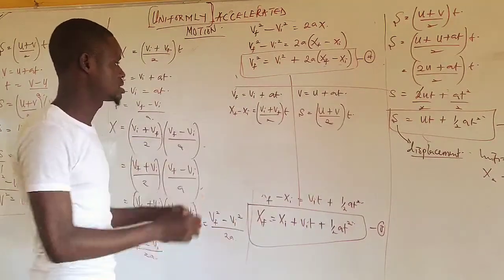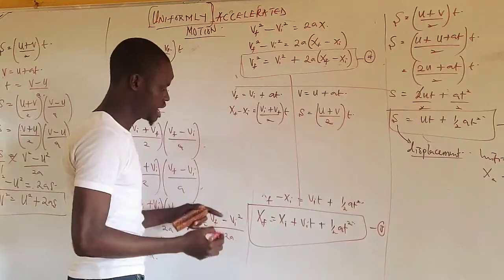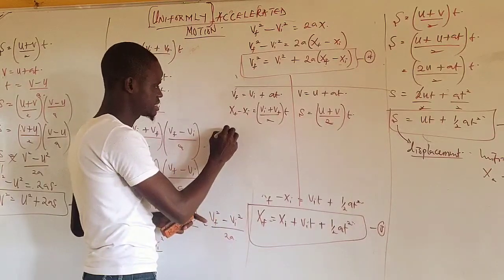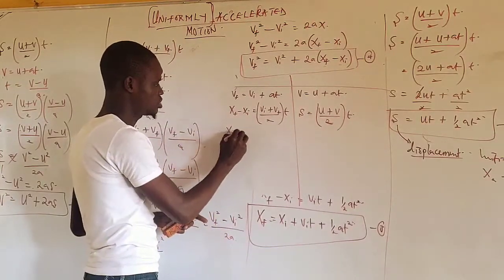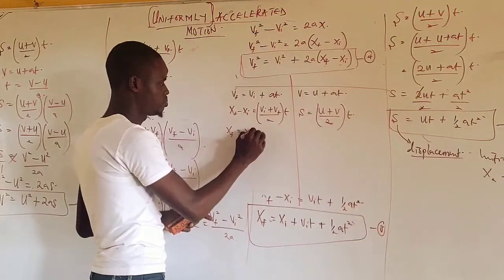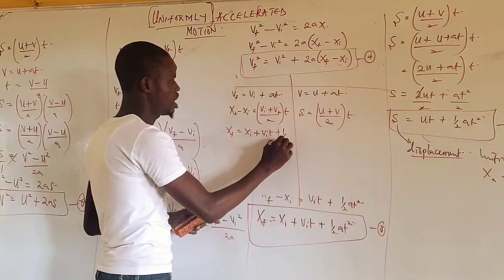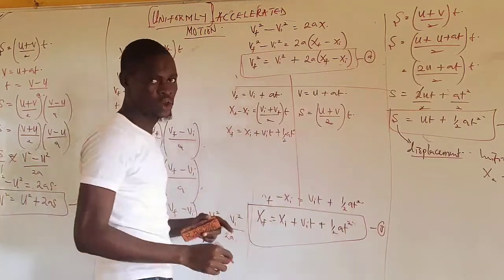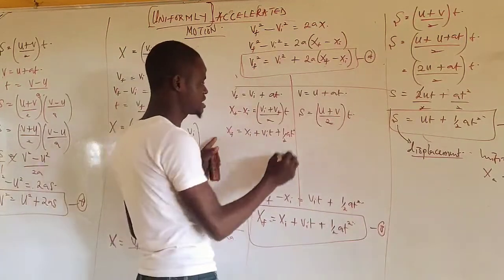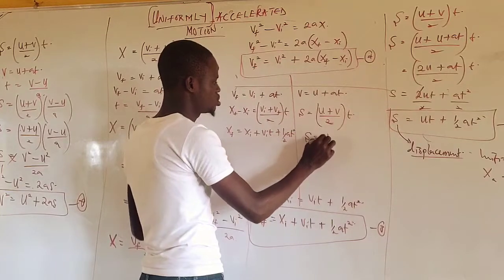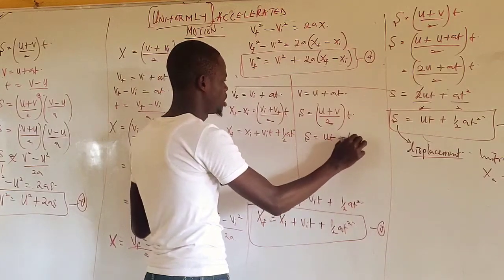And my equation 3: xf equals xi plus vi t plus half at square, which I can also write as s equals ut plus half at square.